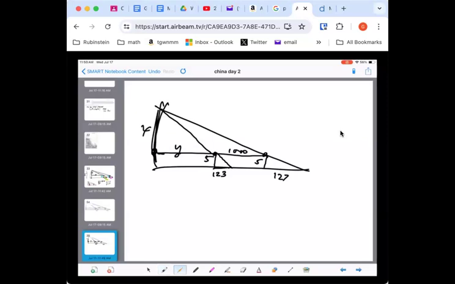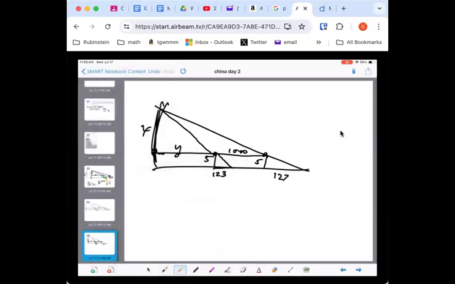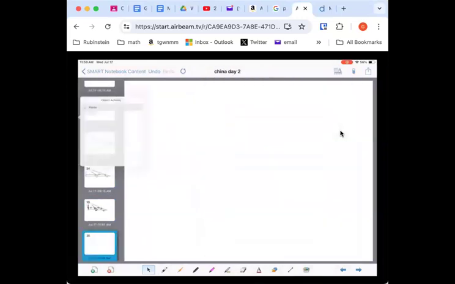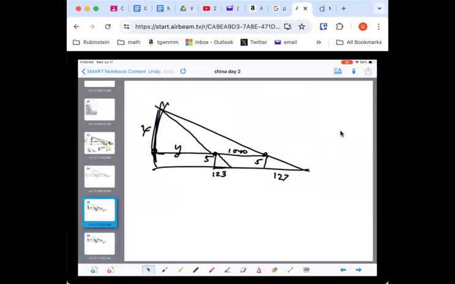There are a lot of similar triangles in this picture. For instance, actually, can I make a copy of this? I want to do this twice. So let me copy and make it. Okay.